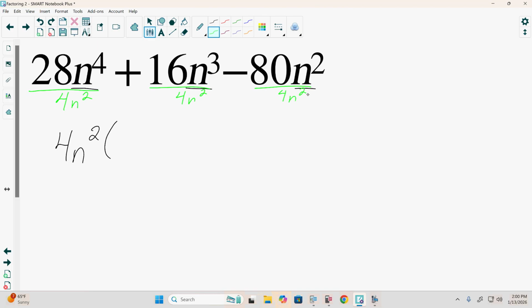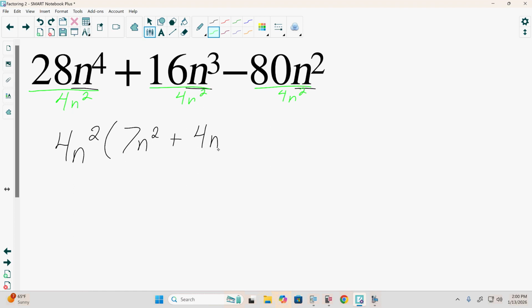Now we factor 4 out of 28. 28 divided by 4 is 7. If we take 2 n's away from n to the fourth, we're left with n squared. Plus 16 divided by 4 is going to be 4.